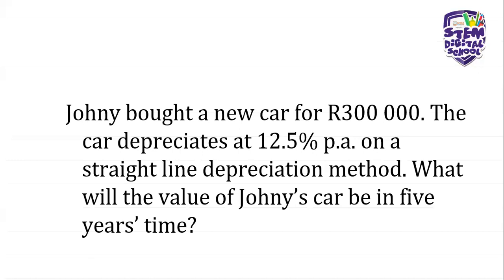So when you use this formula, you can just get the amount without a lot of effort, as long as you calculate correctly, and as long as you identify the correct values of P, I, and N, respectively. So P is 300,000, I is 0.125, N is 5. N is the number of years there, which is 5.